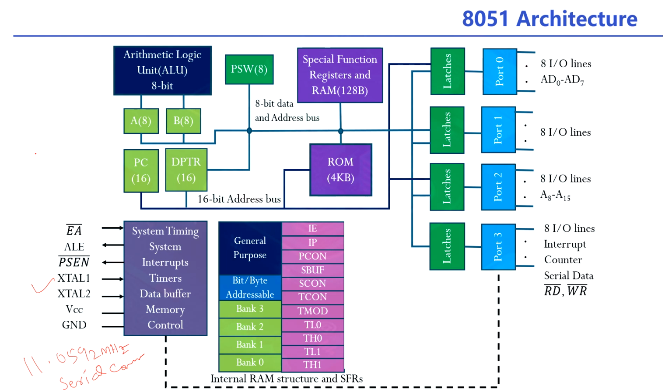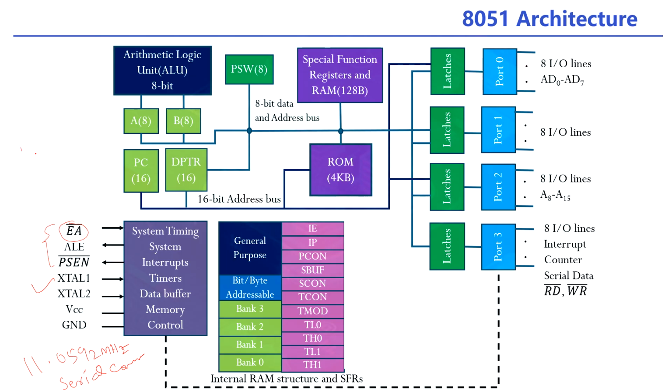Then we need to discuss these three control pins here. Let us see EA bar. EA bar is an active low input, and EA stands for external access.